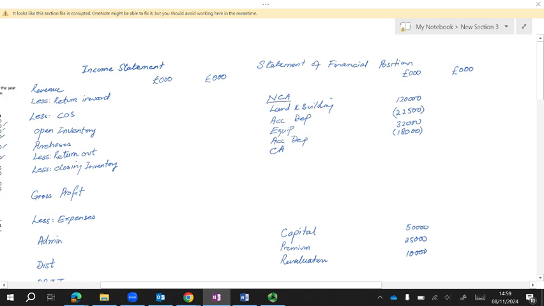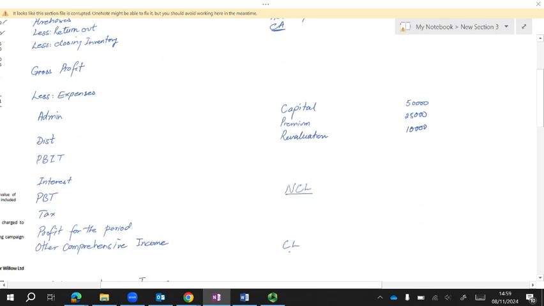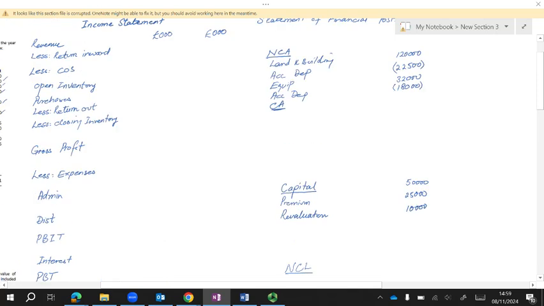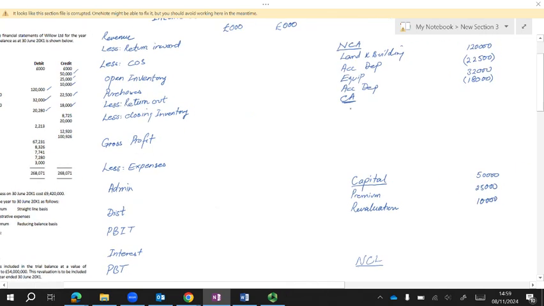I'm going to underline the main headings so then it's easy to notice the assets, capital and liabilities. Next is receivables 20,280.